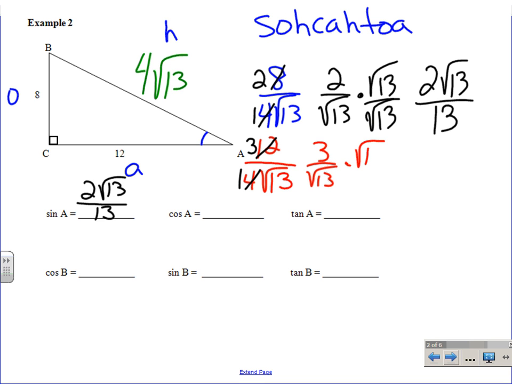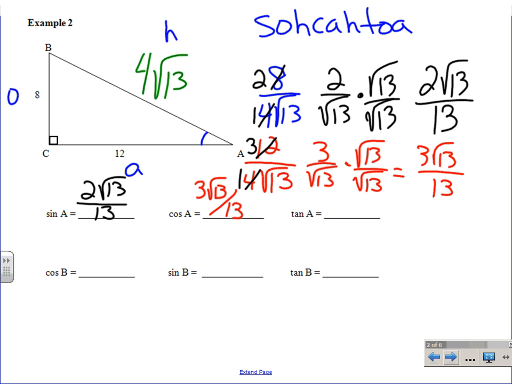So we choose square root of 13 over the square root of 13 because it's the easiest one to choose, although it really looks weird. And so we get 3 square root of 13 over 13.